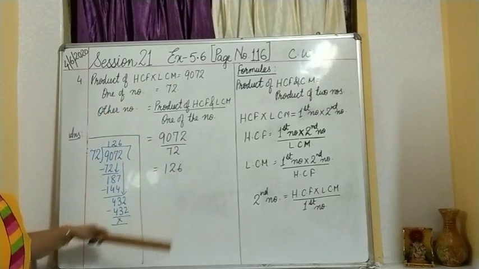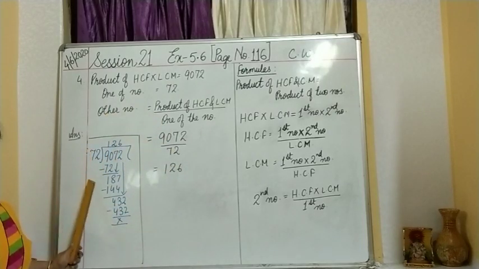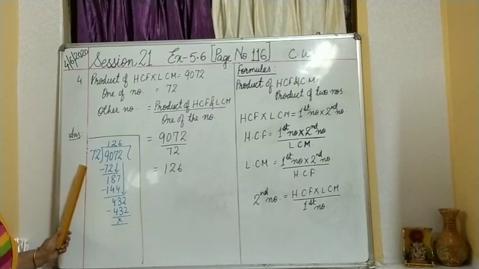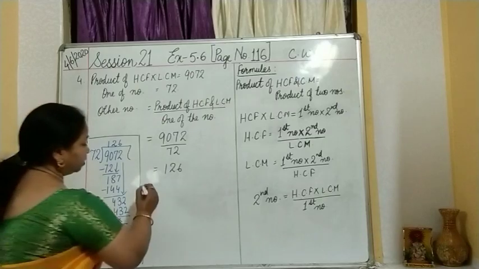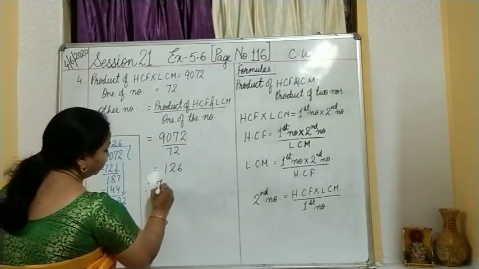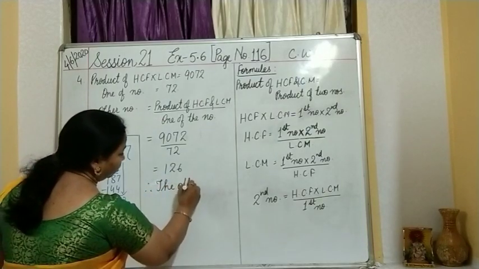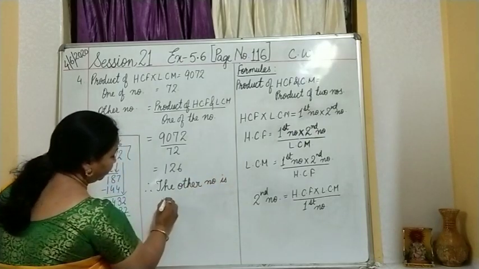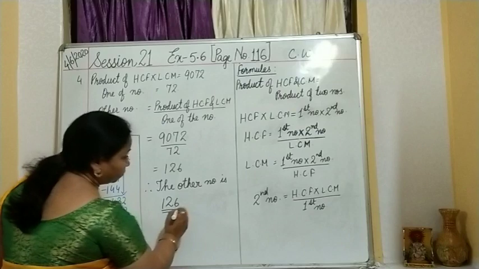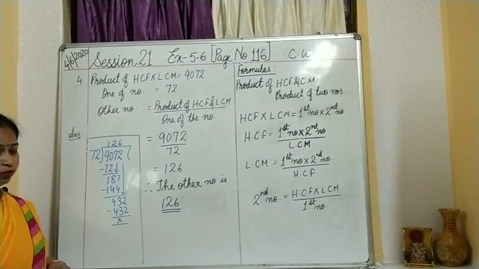You can utilize your page properly and make a rough column and divide it and show it there. So after doing the division, you have got 126. So what is the other number? Therefore, the other number is 126. Okay. Now, question number 5.